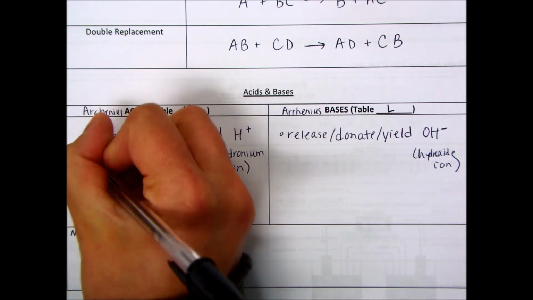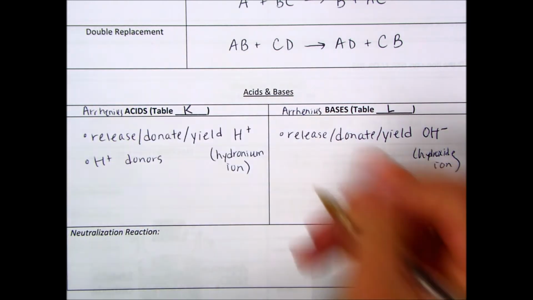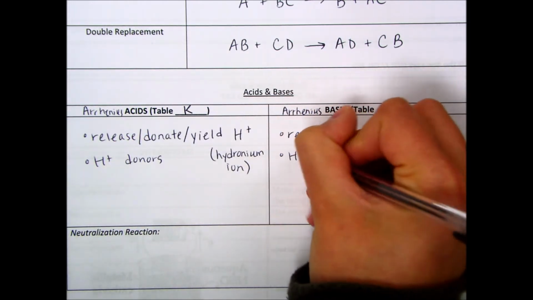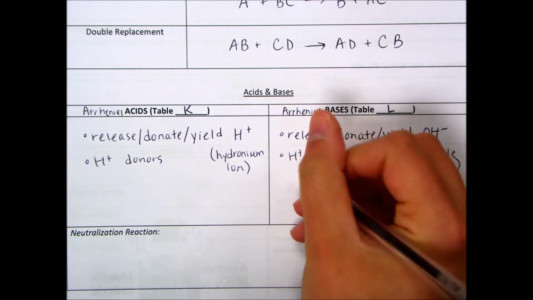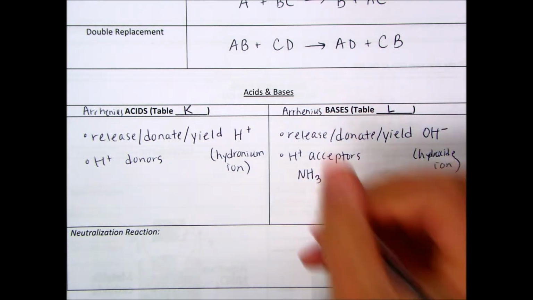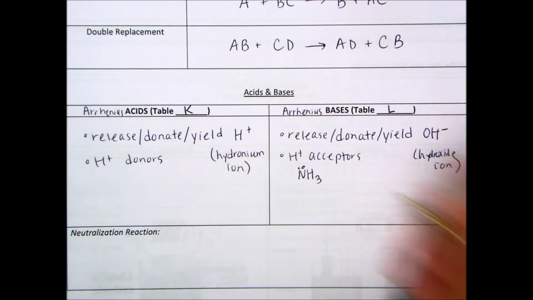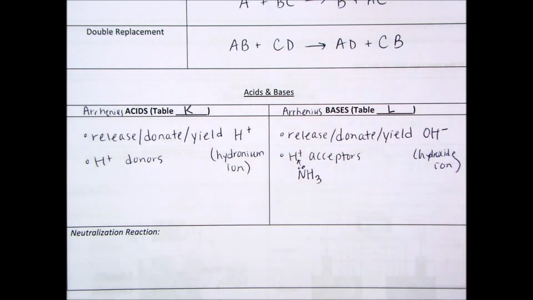They're known as H+ donors. And then bases are known as H+ acceptors, which is why NH3 is listed as a base. NH3 has a lone pair of electrons on the nitrogen, and that's going to attract an H+, so that process of accepting an H+ makes ammonia a base.